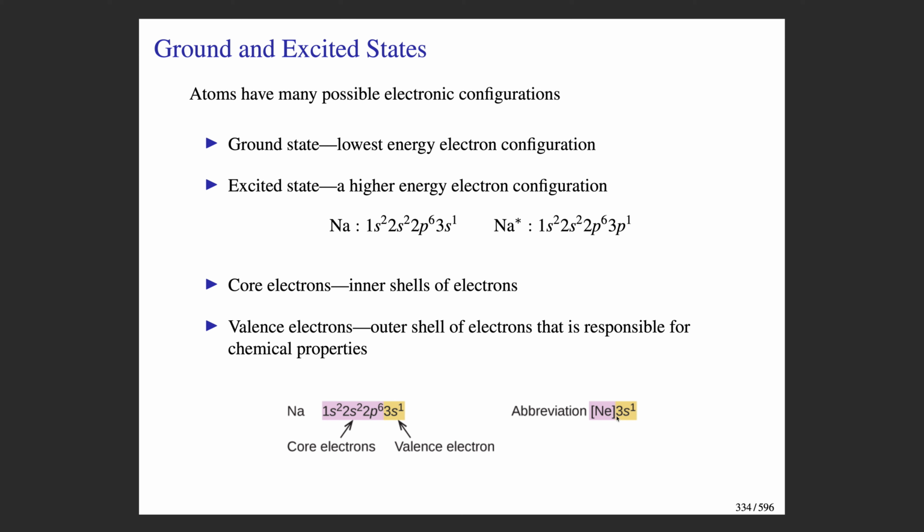And so we'll only focus on the valence electrons for the sodium atom. So these are two equivalent ways of writing the electron configuration for the sodium atom. In this case, we show all of the electrons explicitly. In this case, we focus only on the valence electrons, and the core electrons are so-called isoelectronic with the neon atom.